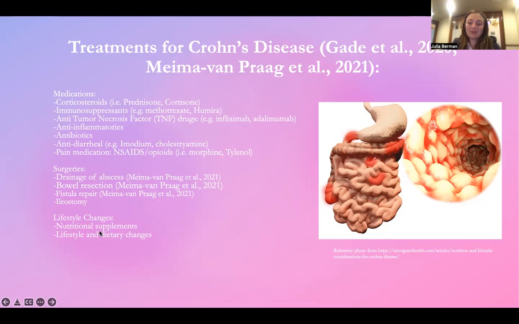And in DMD, lifestyle and dietary changes are also recommended to help mitigate the symptoms and reduce strain on the heart and respiratory system, which can help mitigate DMD-associated cardiomyopathy and respiratory failure.